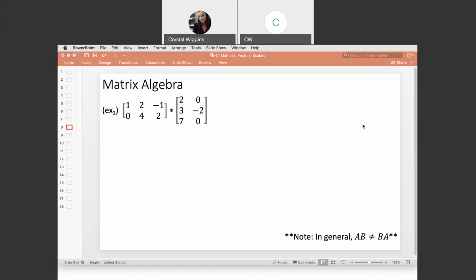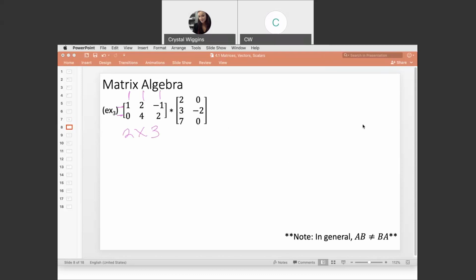The first thing we want to recognize when we're working with a multiplication problem is the dimensions, to make sure that this is a defined operation. Remember, if the inner dimensions do not match, then we would say undefined. We cannot compute. So we have 2 rows and 3 columns, so this is a 2 by 3 matrix.